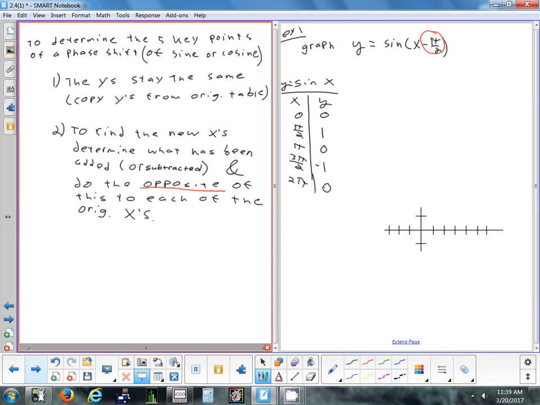Out of the 4 transformations that we studied, there's 2 transformations that you have to do the opposite. This is one of them. And then there's 2 transformations that you don't do the opposite. So in your notes, or in your reference sheet for the test, you want to keep it straight. Which transformations do I do the opposite, and which ones don't I do the opposite? Phase shift, you do the opposite. That's one of them.